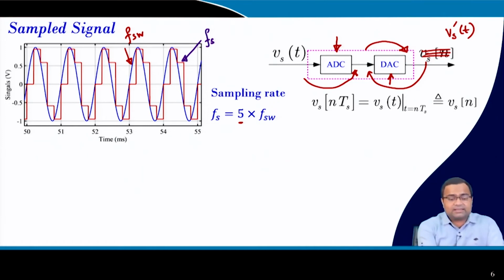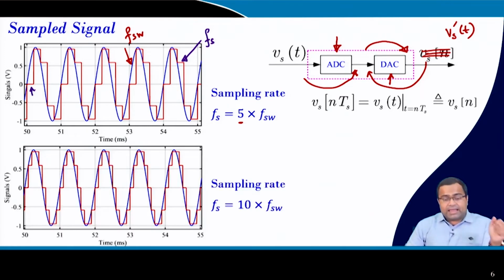So, you will see there will be a zero order hold effect, right. So, the sampled signal will not look exactly like a sine wave. There will be distortion in the waveform, and if we take an even higher sampling rate, then you will get a somewhat close approximation of the actual analog signal, right.